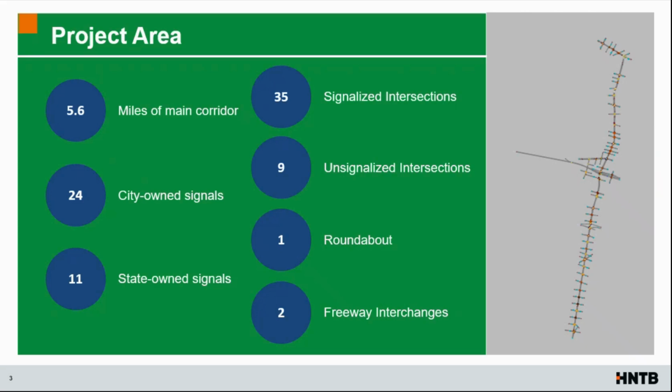And there is one roundabout, which was interesting because we had to figure out how we were going to get a light rail vehicle through a roundabout. And these guys will talk about that a little bit more later. And then we have 2 freeway interchanges. So one of them you can see pretty obvious, kind of in the middle there.